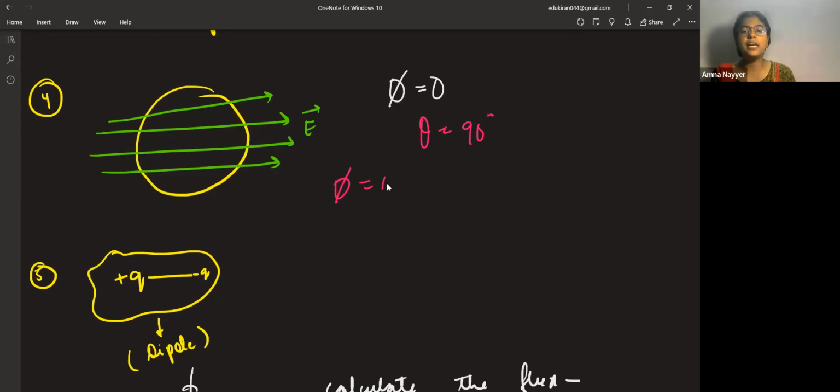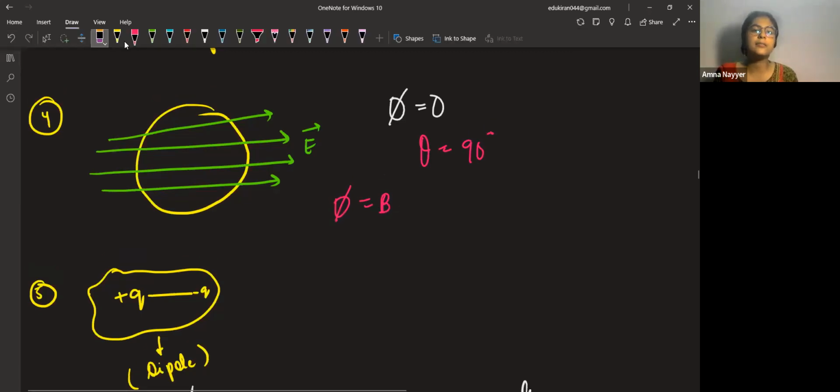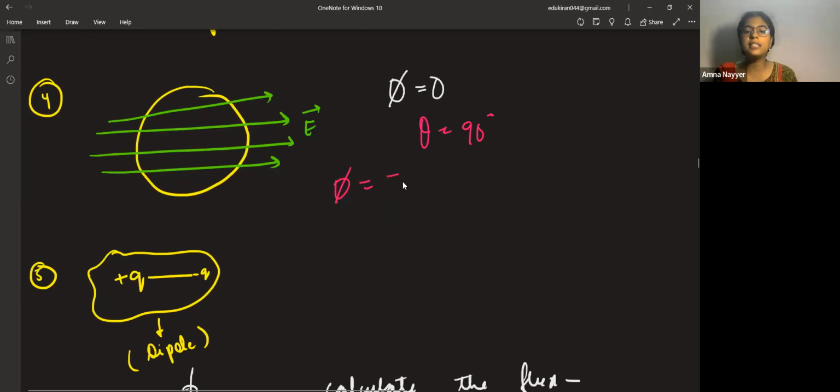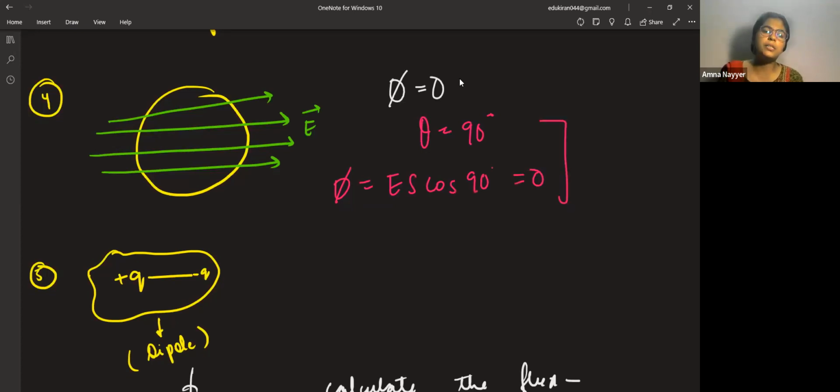So phi is equal to ES cos 90 degrees, which is zero. Mathematically, this is how you can show it. Physically, in this case, the line is not going inside, it's just passing by.